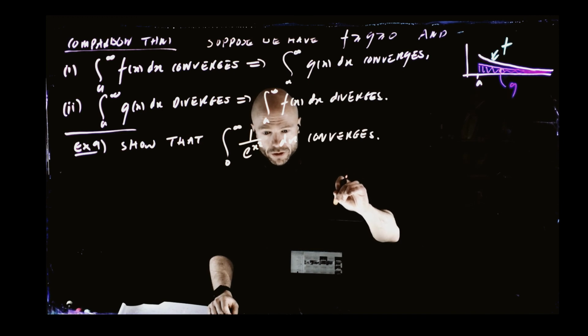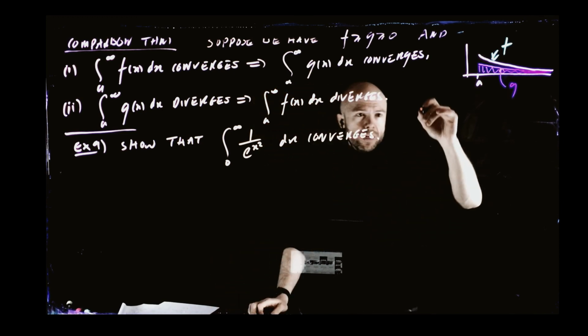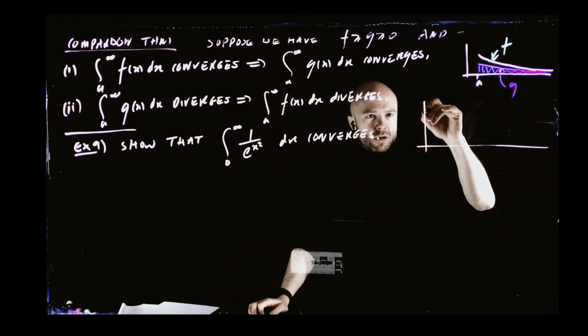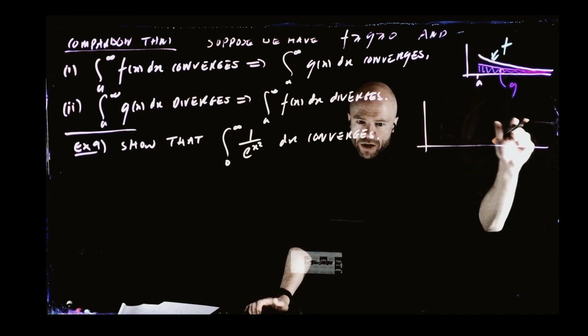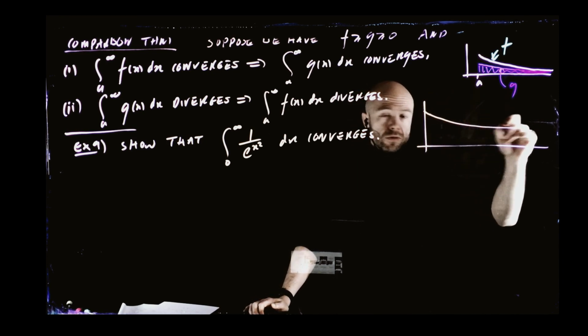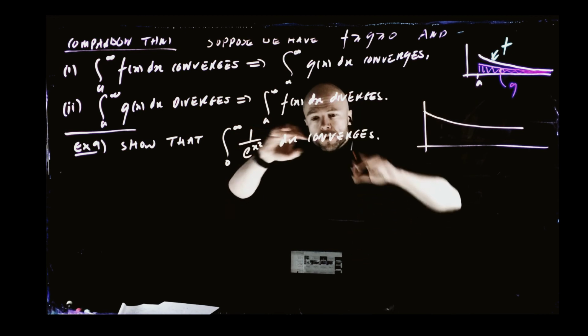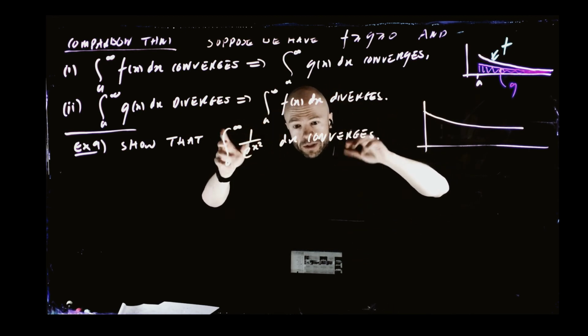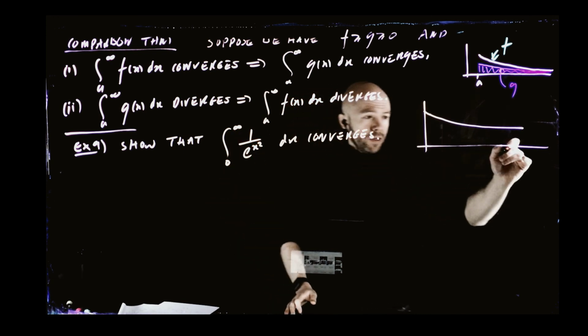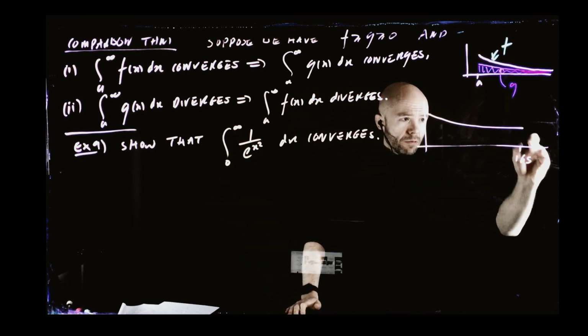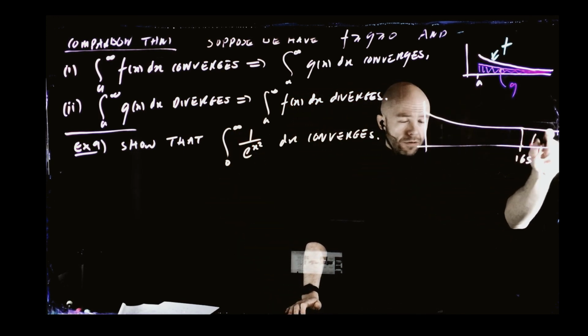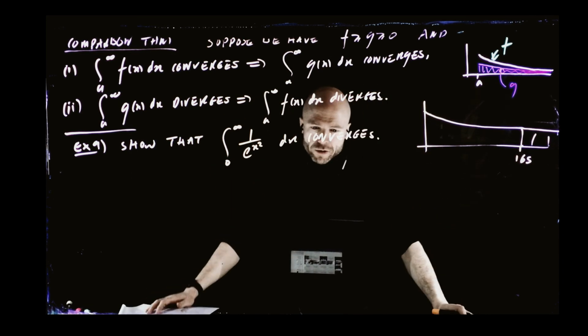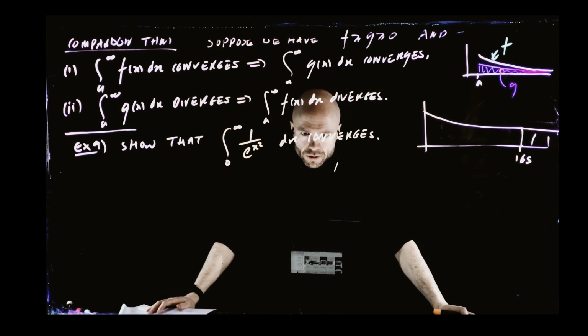Again, convergence is about whether or not the area underneath the graph is finite, right? So for this guy here, it's always going to be bounded. It's never going to blow up or anything like this. It's always less than 1, right? So if we just consider from 165 onwards, and we know the area underneath the graph is finite, then for sure the area underneath the graph of this thing is finite, yeah?